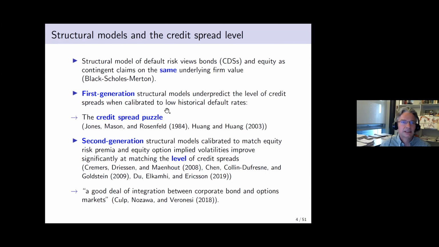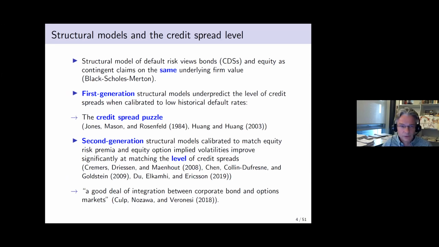Here we go. The motivation, as you know, is a traditional view to develop credit models based on structural models, and in this traditional approach to pricing credit, the famous paper by Merton, the idea is that you can think of debt and equity as claims written on the same underlying firm value.